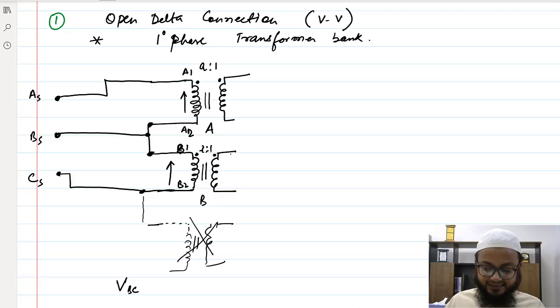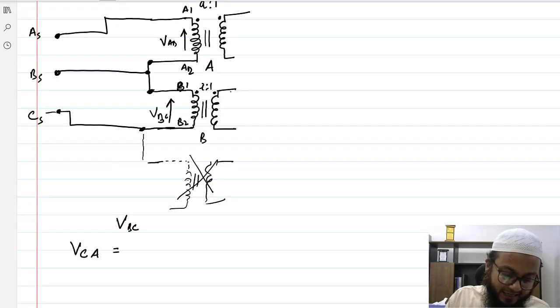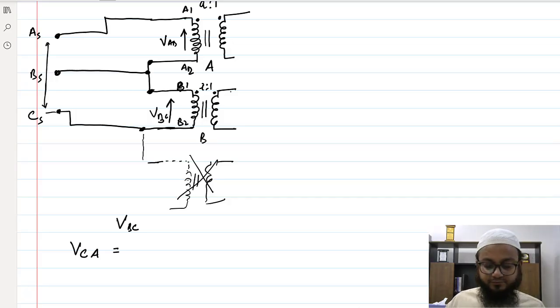Source I'm not writing, and here it is VAB, right? Here it is VBC. So what is VAC, or VCA? What about VCA? What is this voltage?